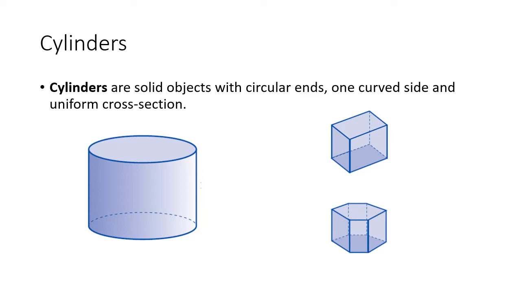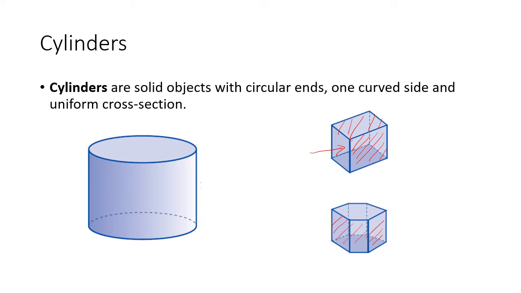So if we think about our rectangular prism over here, let's say that we're thinking about this as the end of our prism, then all the other sides are flat surfaces. And the same with our hexagonal prism here. We've got the hexagonal ends, and these sides, which all have the shape of rectangles, are all flat.